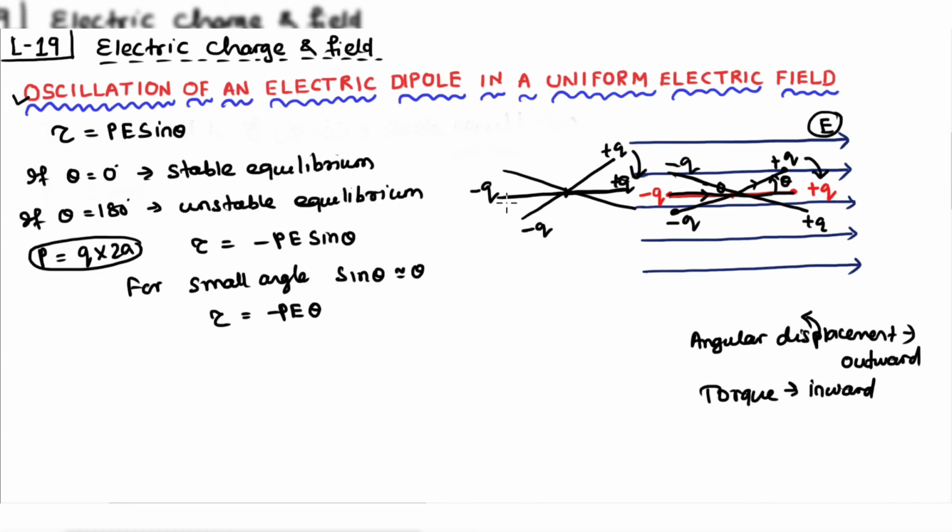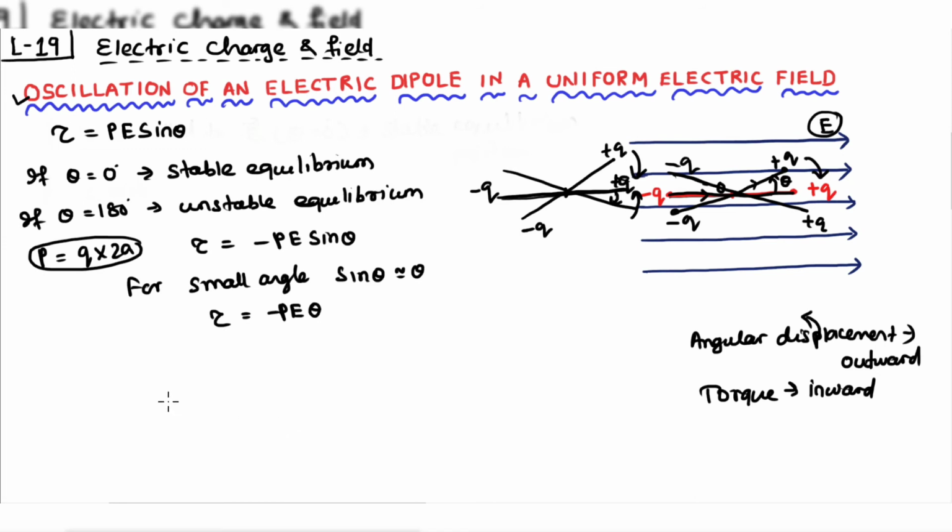So it overcomes this position and goes in the clockwise direction, and again the torque takes it in the anti-clockwise direction. So the dipole oscillates about its equilibrium position, and we have to find the time period of that oscillation.